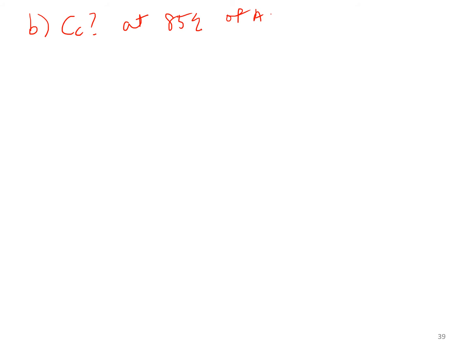So you have to get CC. Recall the equation for CC: CC is equal to FC over the volumetric flow rate, which is theta C plus 1 over 3 FA naught X, divided by V naught times 1 plus epsilon X.